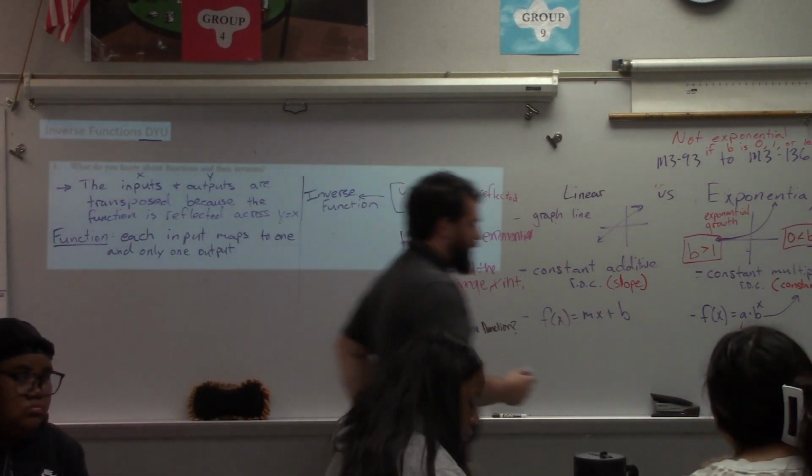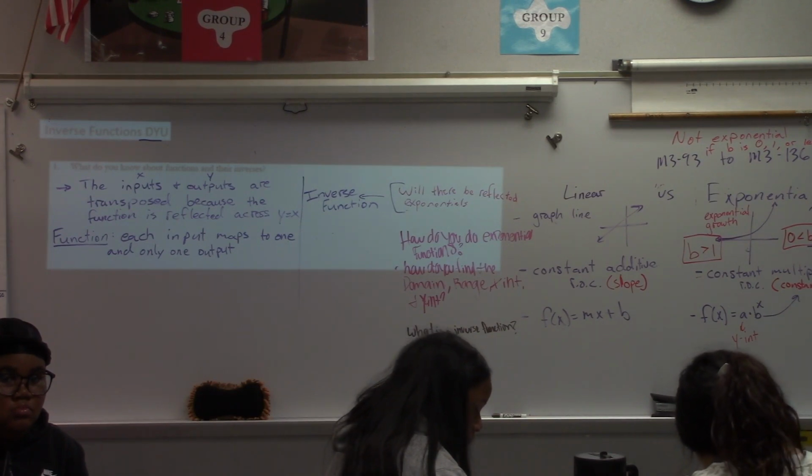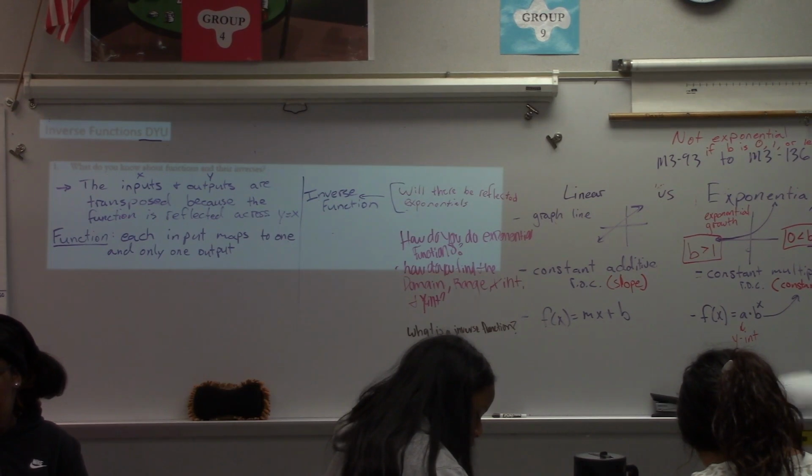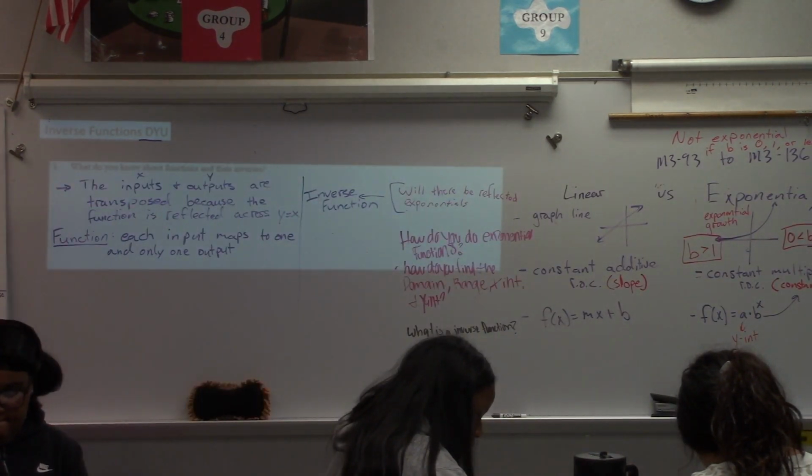If each input has to map to one and only one output, what has to also be true for the inverse to be a function, Council? I can't hear you. You guys, speak up. The horizontal line test.